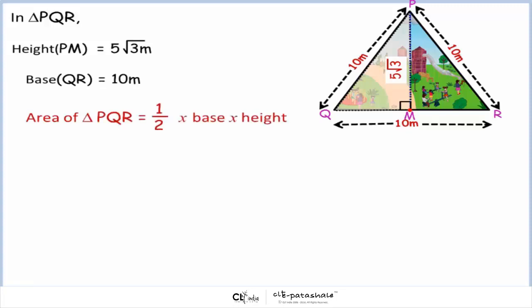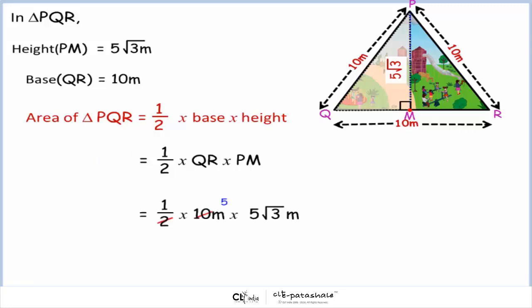So area of triangle PQR is equal to half multiplied by base multiplied by height, which is equal to half multiplied by QR multiplied by PM. This becomes 25 multiplied by square root of 3 square meters. So the area of triangle PQR is equal to 25 multiplied by square root of 3 square meters.